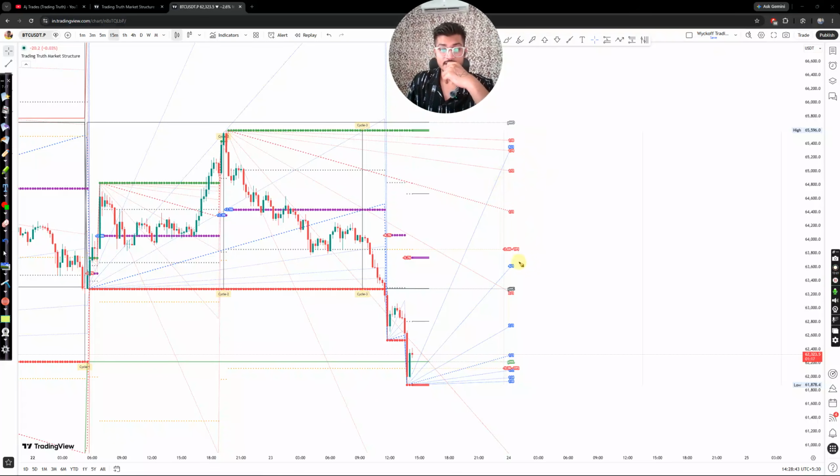This was your TP1 for the short side, and this was your TP2 for the short side. If somebody entered there, this was their first profit target, where they took profit, and then this was their second profit target, where previous week low and TP2 all converged.